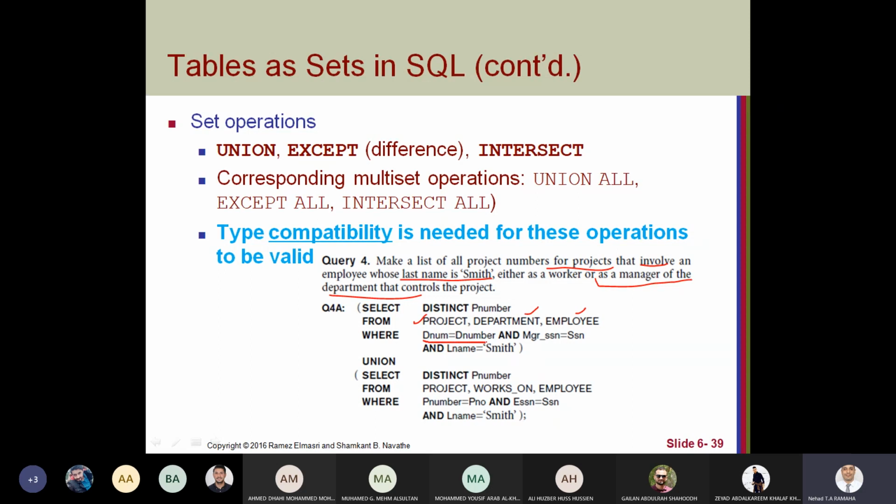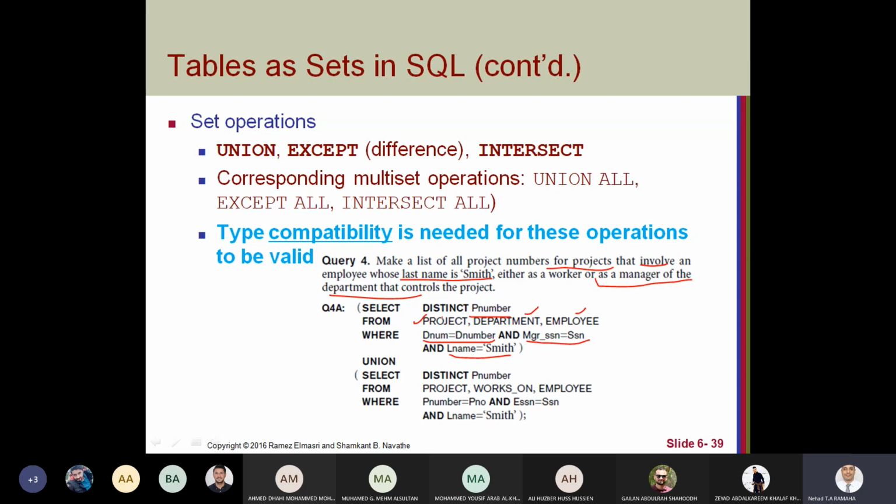This is a connection between project and department. This is a connection between department and the manager for this department. And to get a specific manager with last name Smith, we need to check the condition if his last name is Smith. Now we return project number.